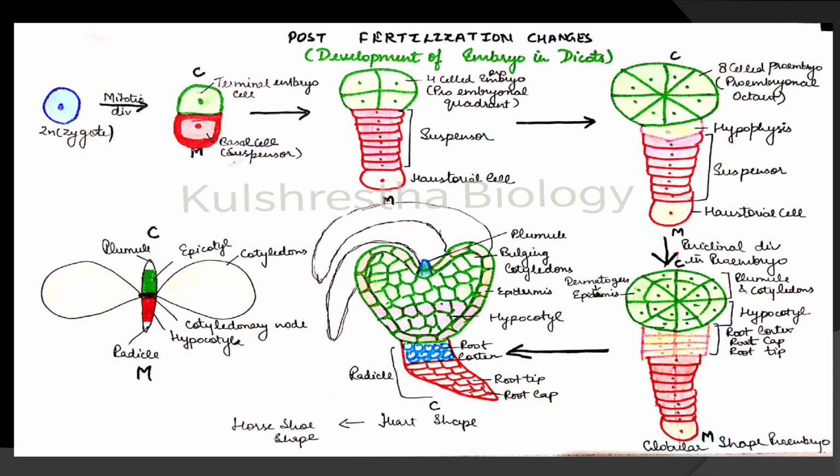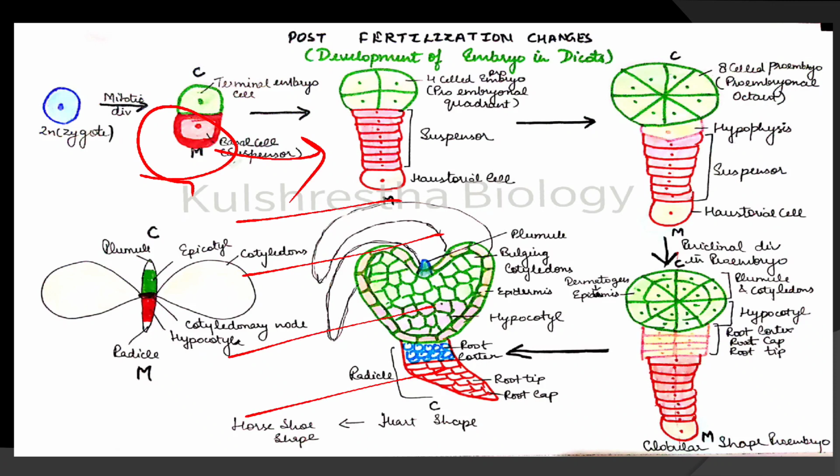So first focus on the basal cell. Basal cell divides transversely and gives rise to 7 to 9 rows of cells called suspensor. The lowermost suspensor cell is the haustorial cell, whereas the cell which is in contact with the embryo is known as the hypophysis.